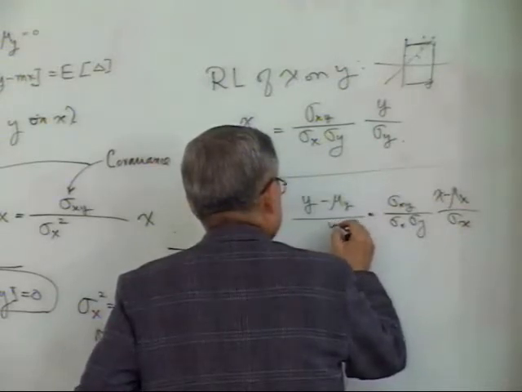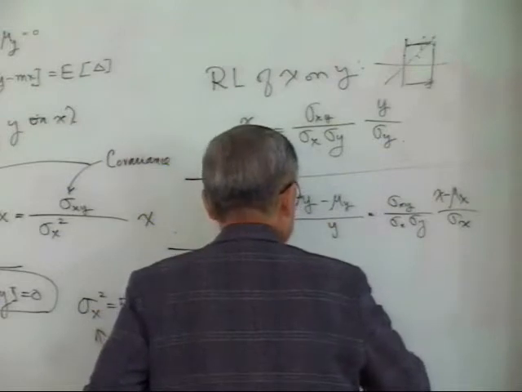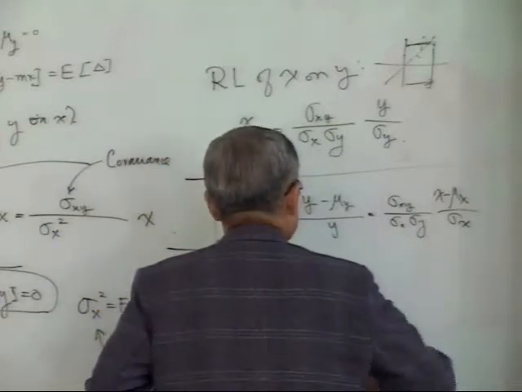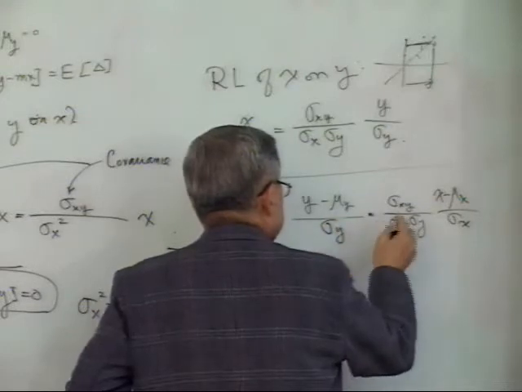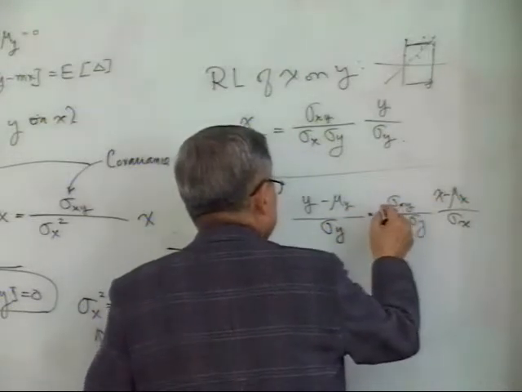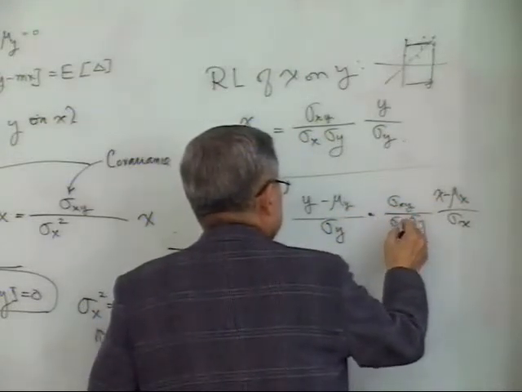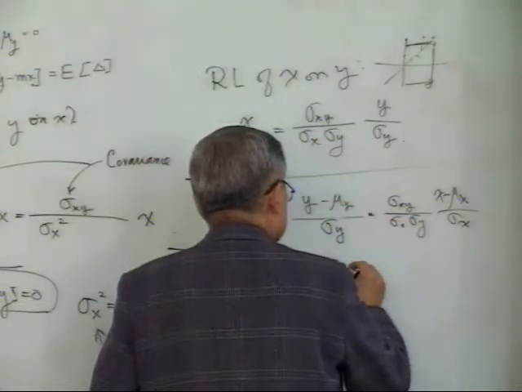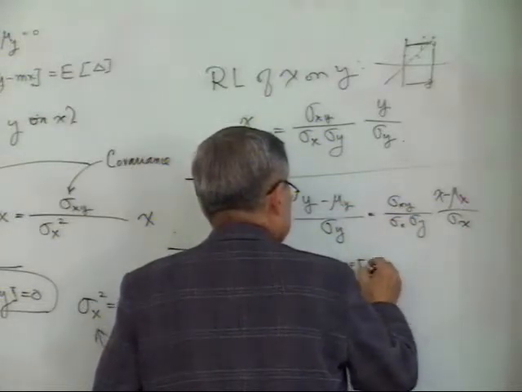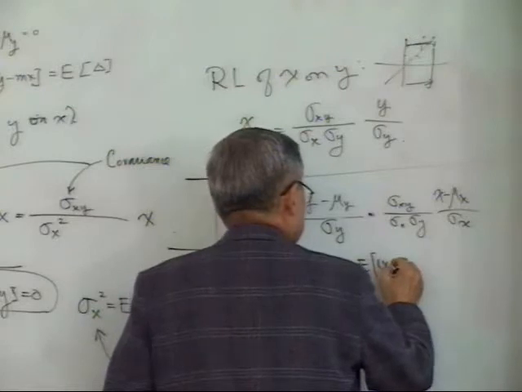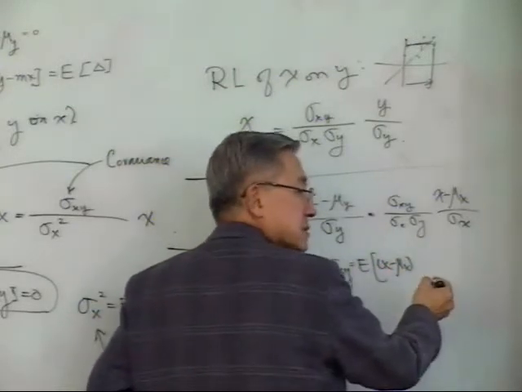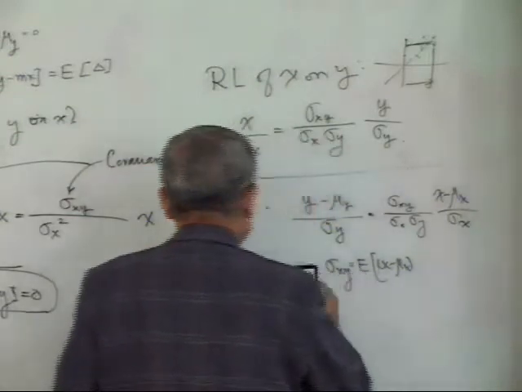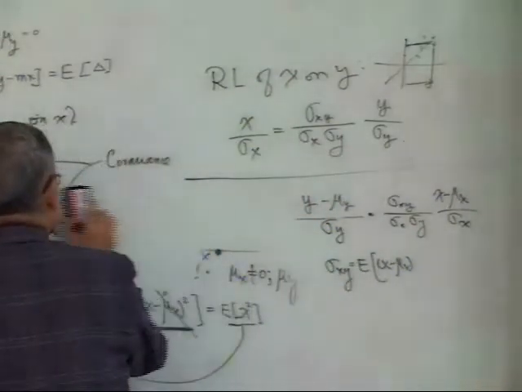Sigma y, I'm sorry. You have to be careful here. So I'm going to write sigma xy is equal to the expected value of (x minus mu x) times (y minus mu y).